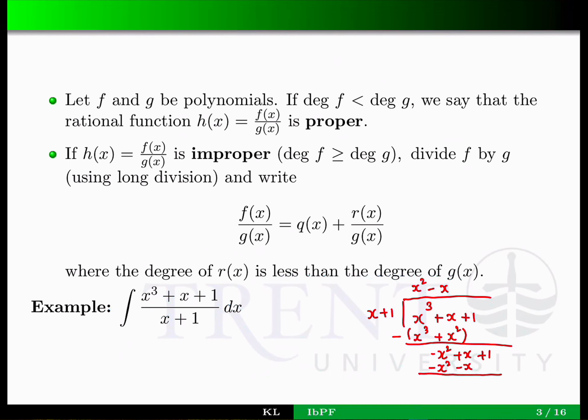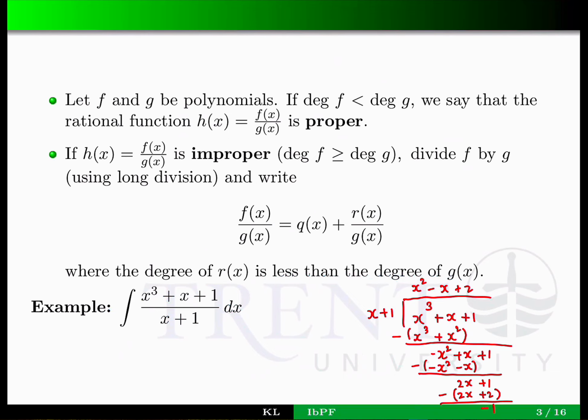And then we subtract, and we will have 2x plus 1, and then here you will have plus 2. We have here 2x plus 2, then we subtract. Our final remainder here will be minus 1.